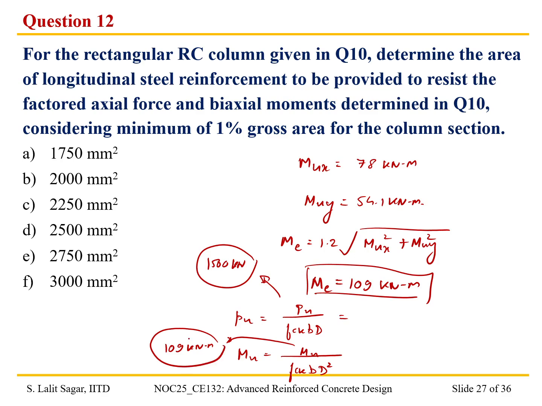So what do we get here? We get the value of Pu as 0.25 and Mu as 0.046. So what is the value of P that we get?